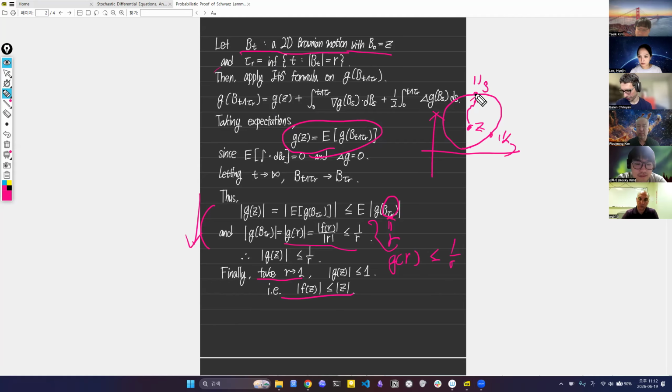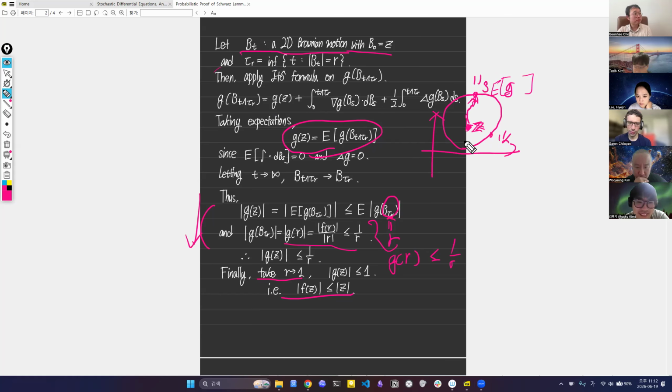Then we have a function g, and we can calculate the expectation like this. This process would determine the value of the function at this point, the center. This is the essential point of this proof.